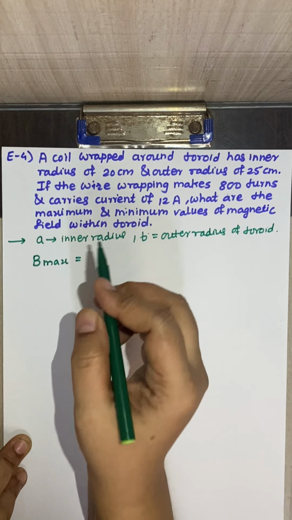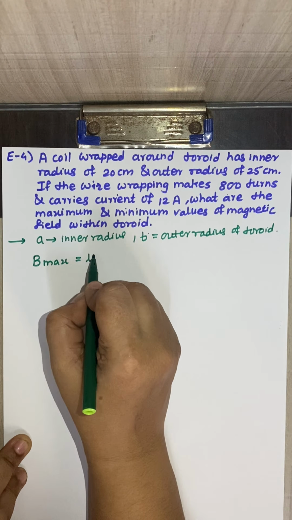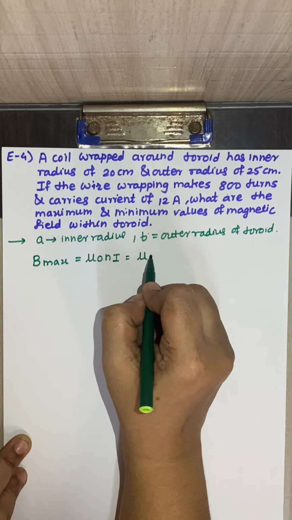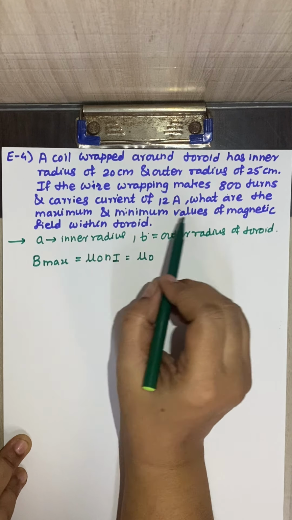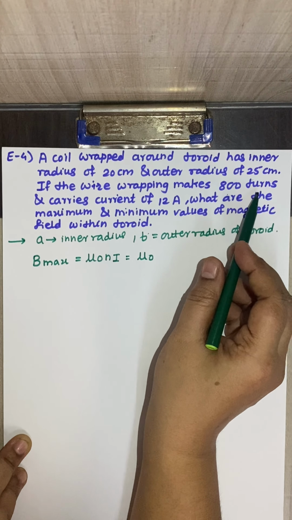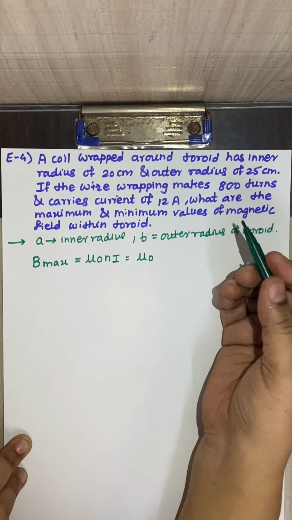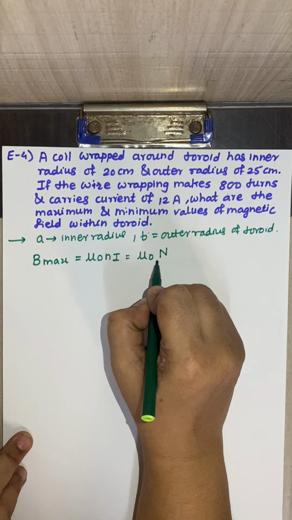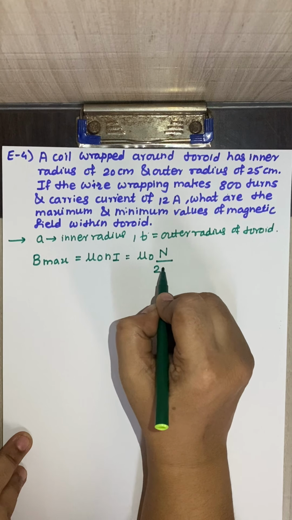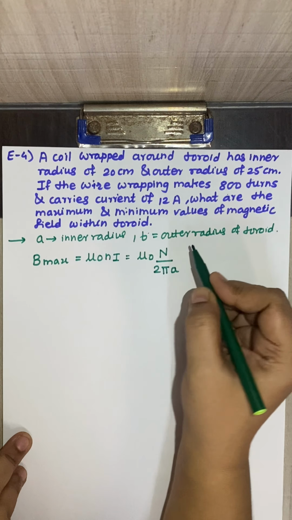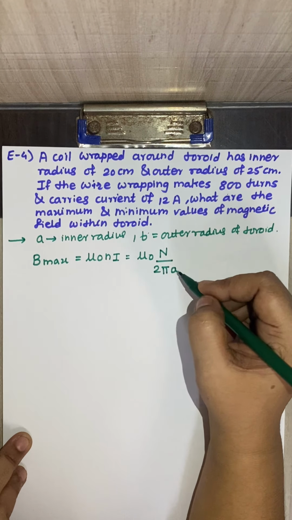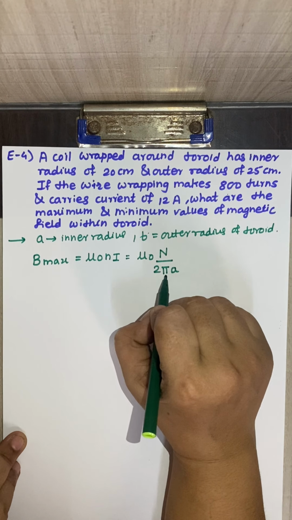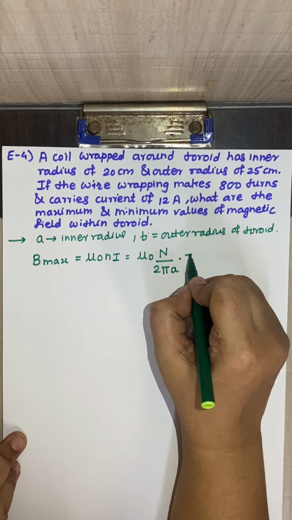B max, that is the maximum value of B, is equal to mu naught times n into I. Once again mu naught into small n is given, and capital N they have given, 800 turns, so we are going to consider it as small n. That is equal to capital N upon L, which is nothing but 2 pi a, the circumference, that is the length of the toroid.